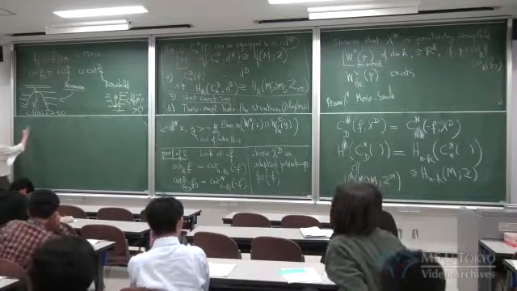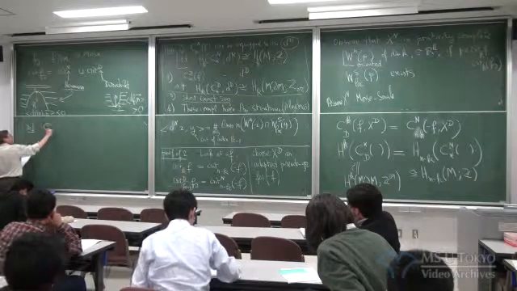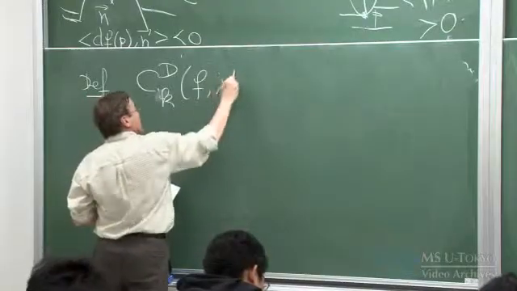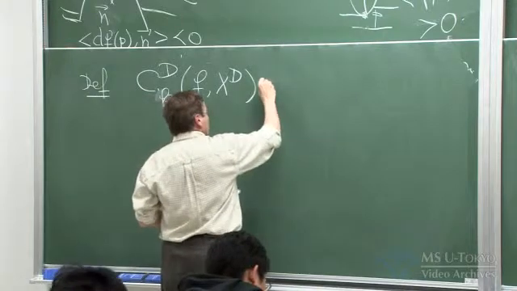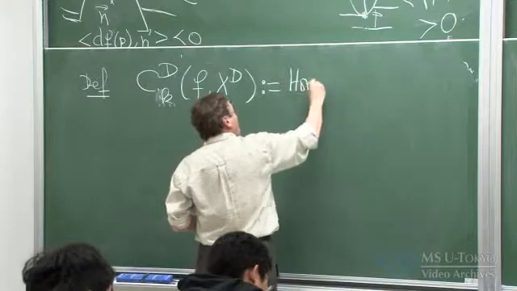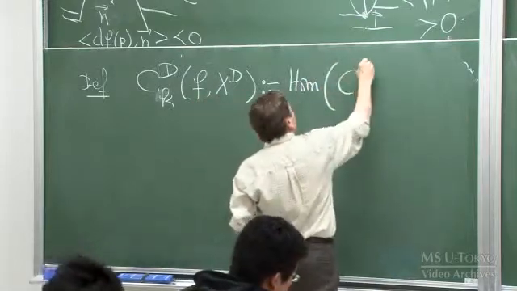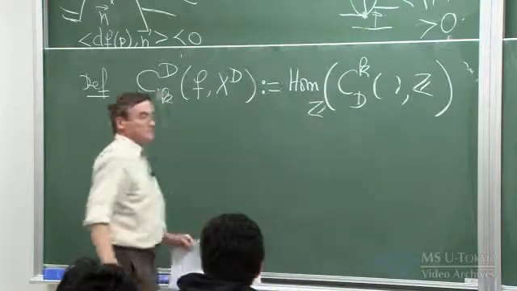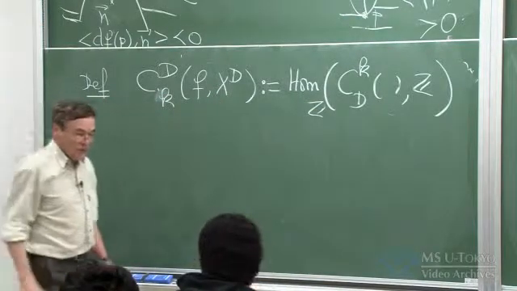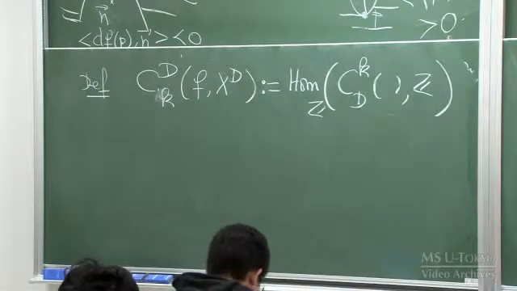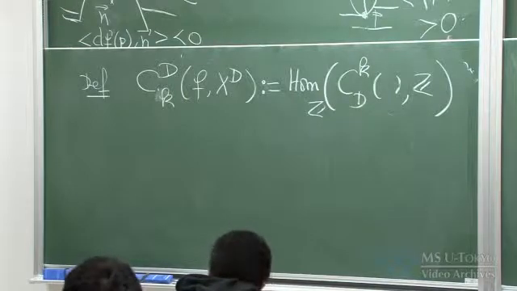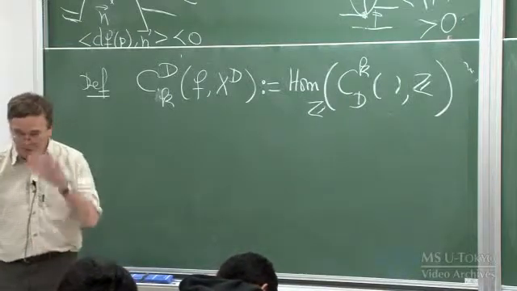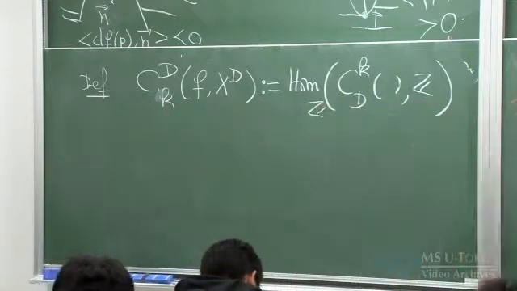I define C_k of type Dirichlet associated to f and this vector field as being Hom of the previous one to Z. And now you open your favorite book in algebraic topology, and you look at something which is called the universal coefficient theorem in cohomology, and you calculate.